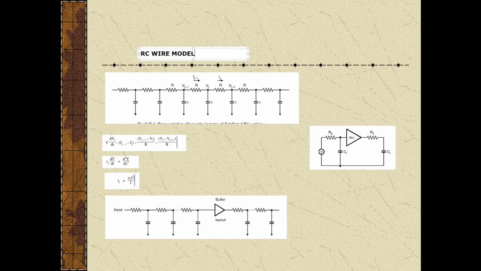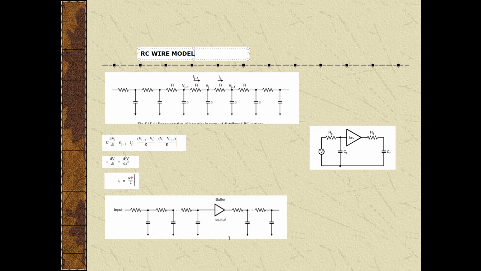In order to improve the speed, the line is segmented into various sections and buffers are inserted in each section. So this is the figure showing segmentation of a polysilicon line.